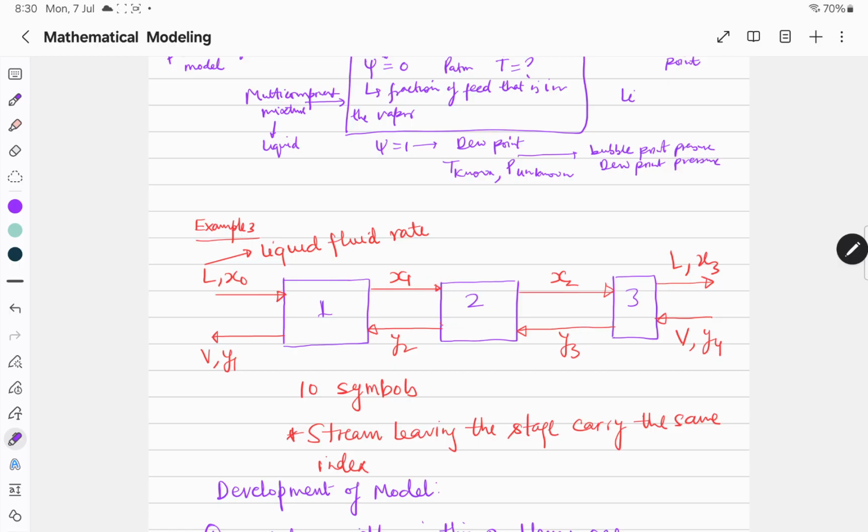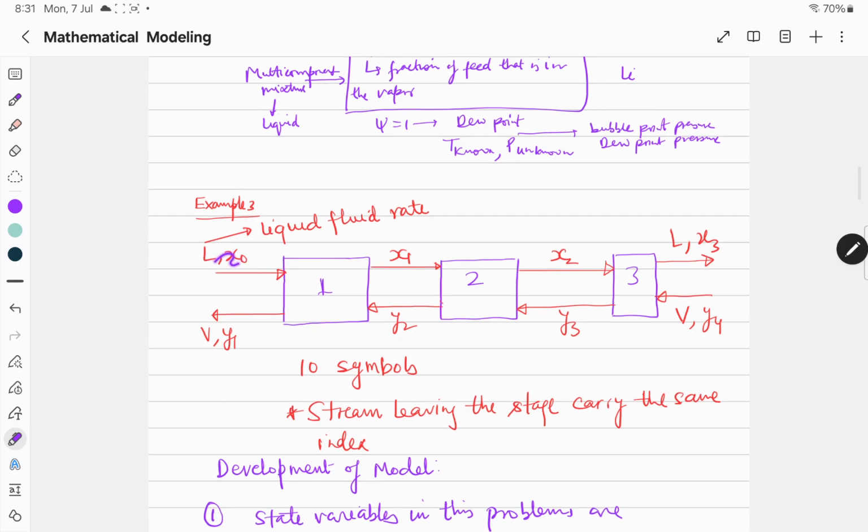Here the nomenclature of the variables is like this: for any stage, the leaving streams carry the same subscript. For example, x2 means the liquid composition leaving stage 2, and y2 is the vapor composition leaving stage 2.